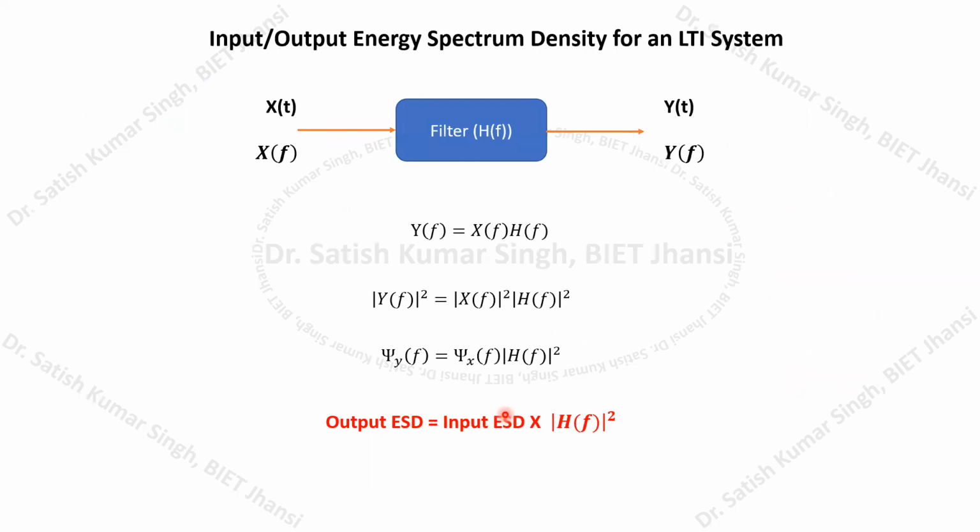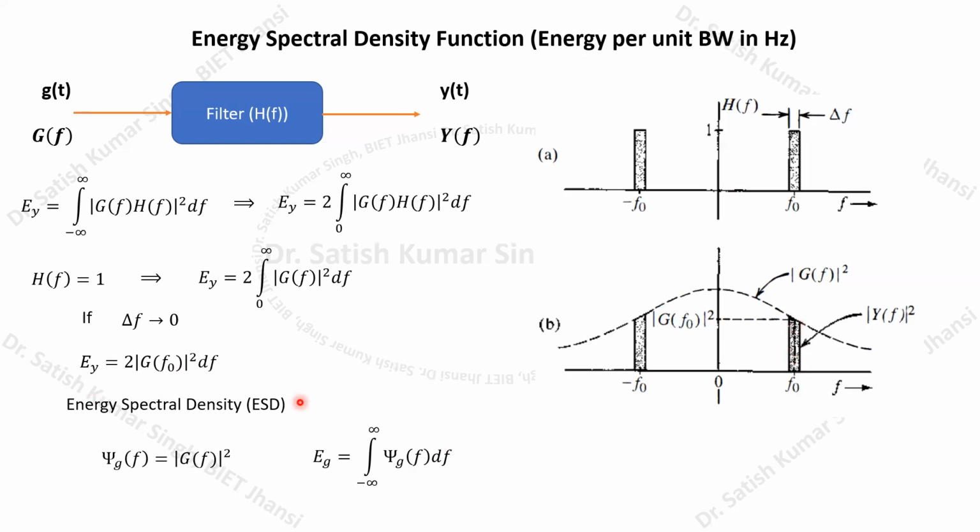But before that, as I have already explained, if we know the Fourier transform of a time domain expression, then we can calculate the Fourier transform of its output. And then we can directly calculate EY using this formula: EY equals 2 times the integral from 0 to infinity of mod G(f) H(f) whole square df.